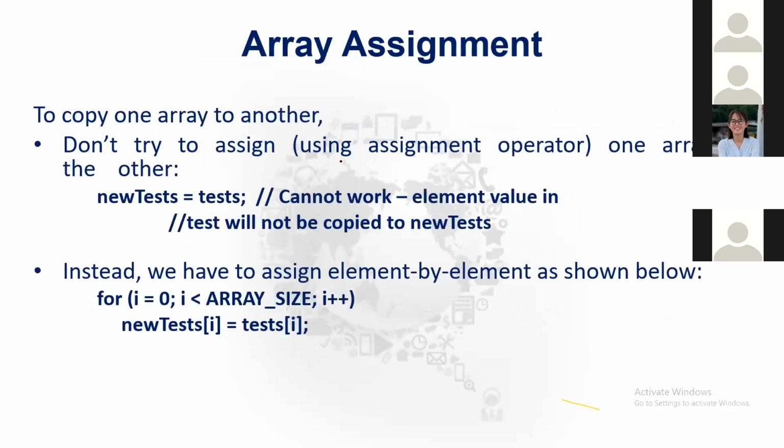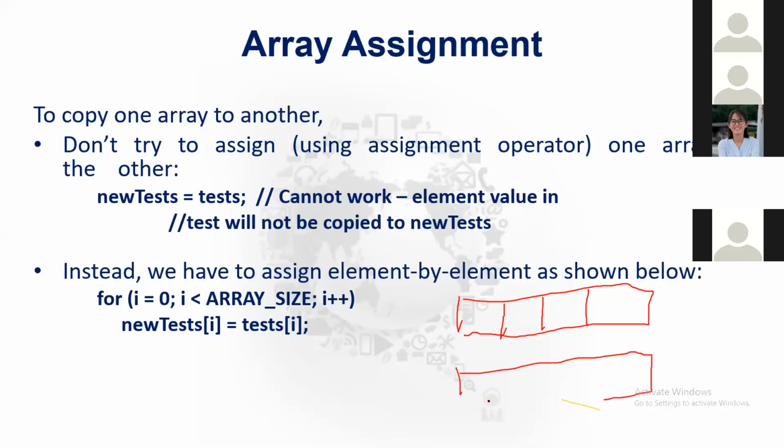For the assignment, sometimes you're going to copy from one array to another. You cannot just use the equal sign to copy one array to another array. You need to use the for loop and also the index to control it, copying one by one. Let's say you have these two arrays. Let me draw it out.